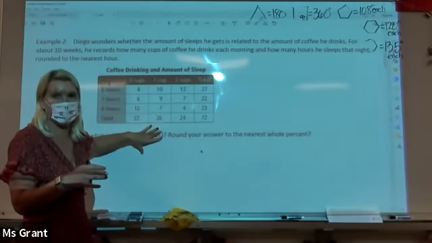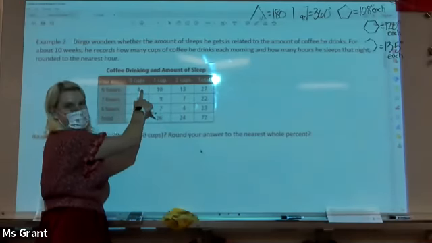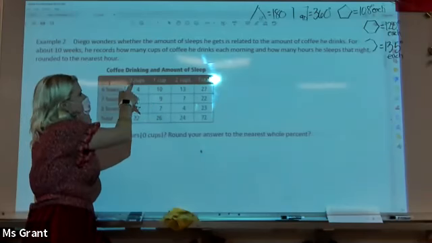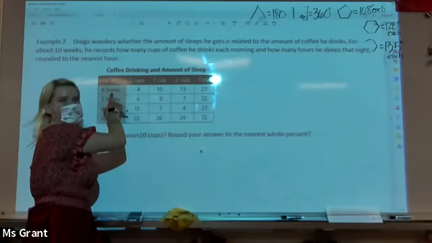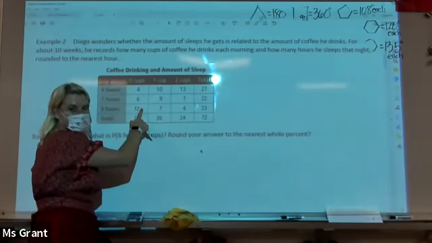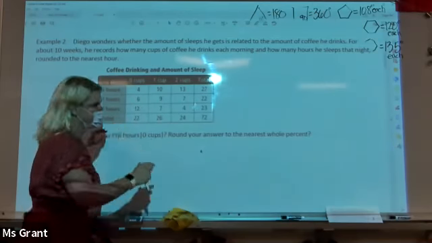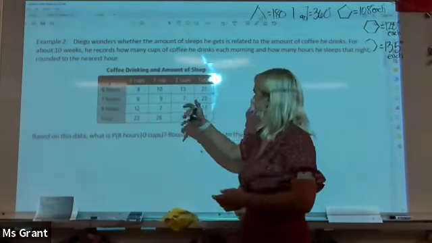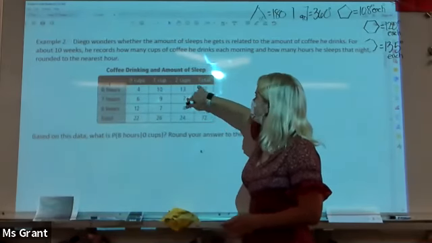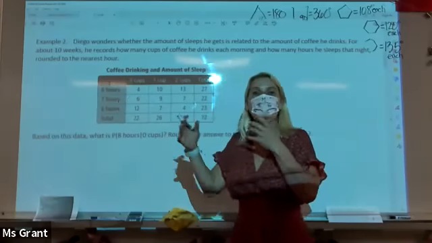Here's a frequency table. 4 times in the 10-week period, he drank no coffee in the morning and he got 6 hours of sleep. 12 times during this 10-week period, he drank no coffee and got 8 hours of sleep. 7 times he had 2 cups of coffee in the morning and got 7 hours of sleep. So that's how you describe the graph.